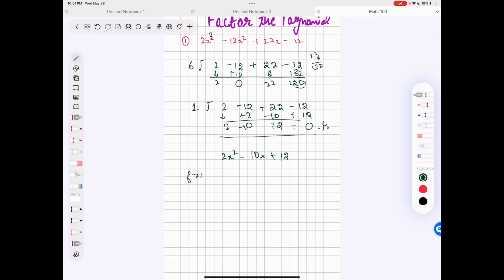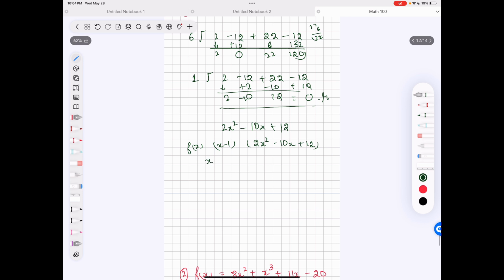So we get the function f of x is x minus 1 times 2x squared minus 10x plus 12. So if we do quadratic, that's going to be x equal to minus b plus or minus the square root of b squared minus 4ac, divided by 2a.